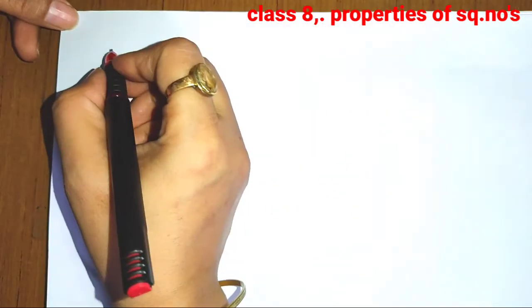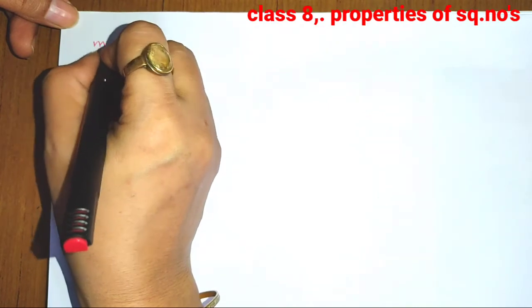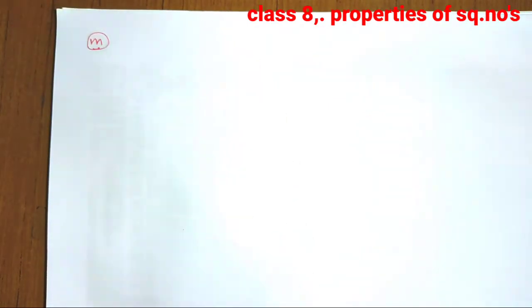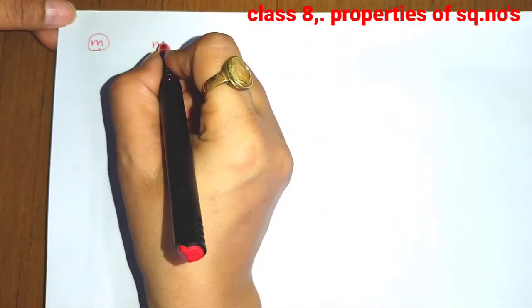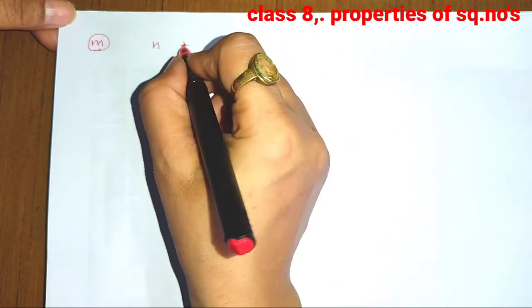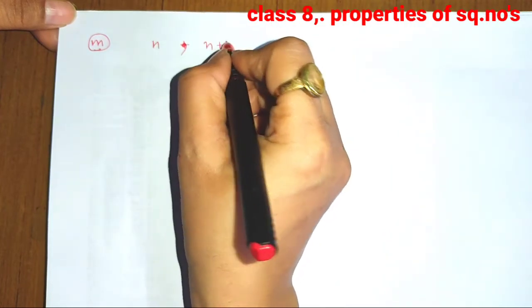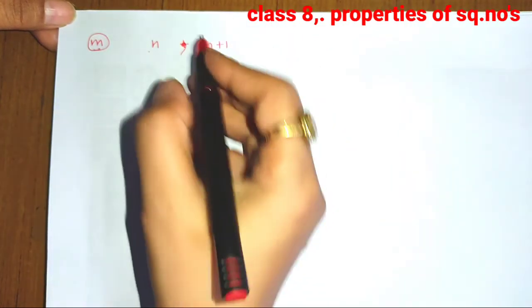Okay. Now the next one is between the squares of any two consecutive numbers. First we will write the two consecutive numbers. This is the form to write the two consecutive numbers, n and n plus 1.